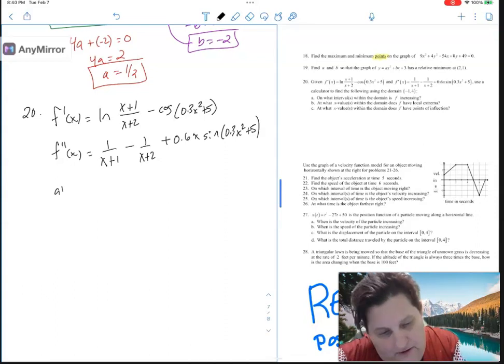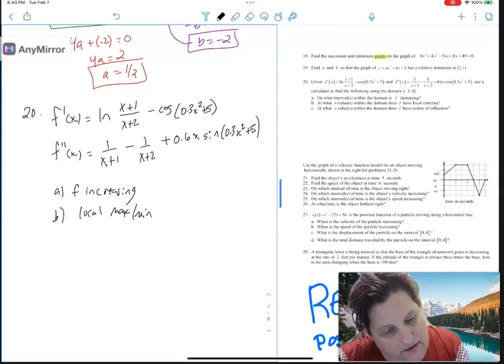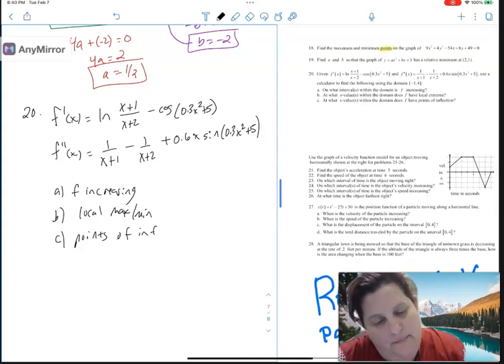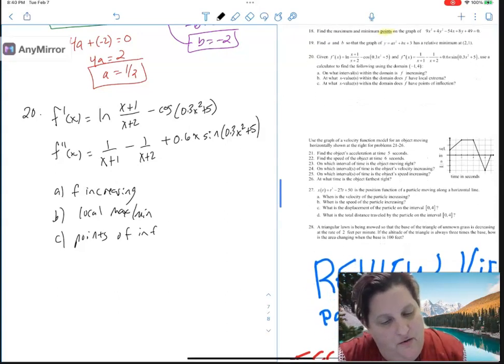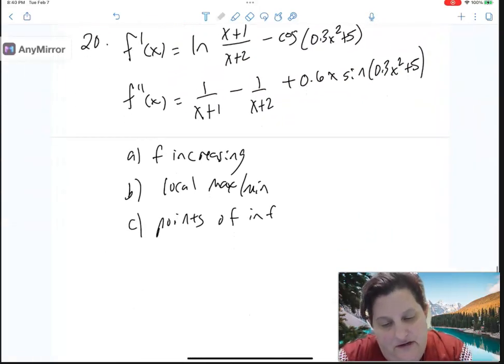We're going to look for where f is increasing, local max and min, and we just need the x values, and points of inflection. Now, what you need to know is basically the definitions of these things.